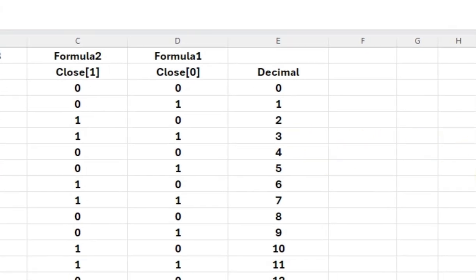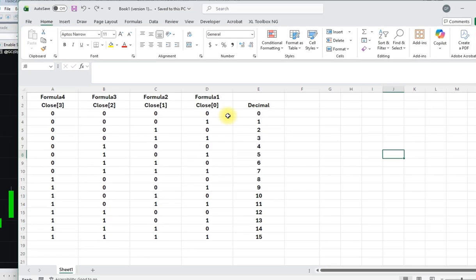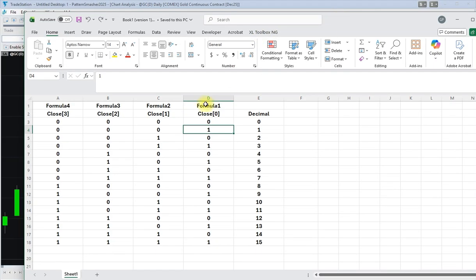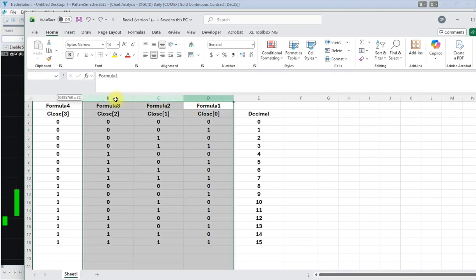crux of PatternSmasher. If a formula is false, I show it as 0. And if it's true, I show it as 1. So using those 4 formula, I call it bit 1, bit 2, bit 3, bit 4.